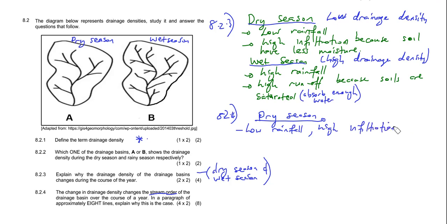And when we've got high infiltration, it means that we are forming less streams. So less streams formed, resulting in low stream order. Because remember, for stream order, streams need to join.